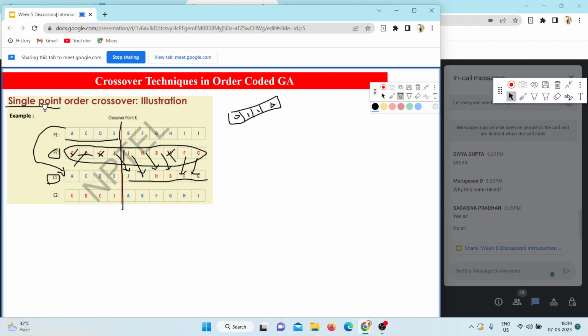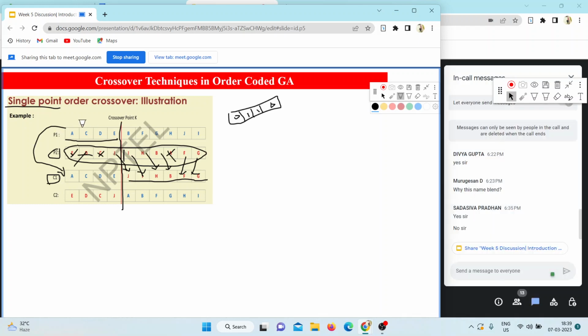So again, you put an imaginary bar, you copy exactly the bits on the left side of parent 1 to children 1, and for the right side bits of children 1 you take the bits from P2, but only on one condition: none of the bits should be repeated.